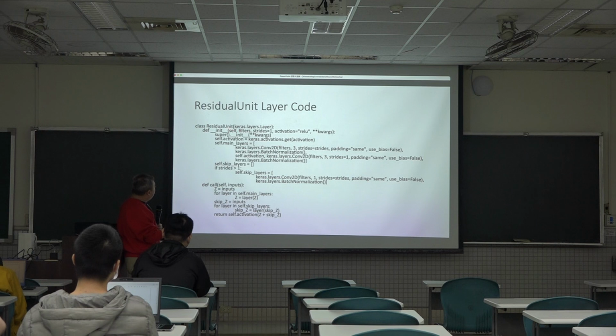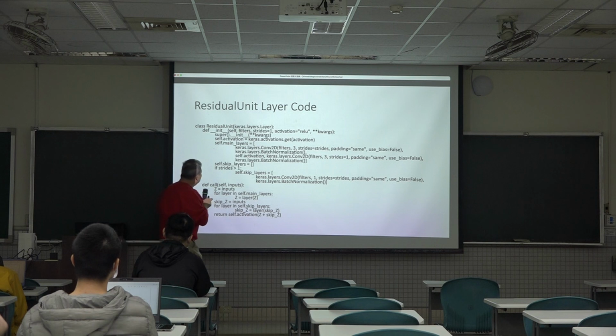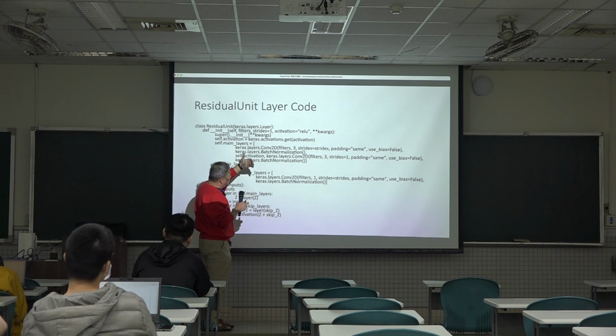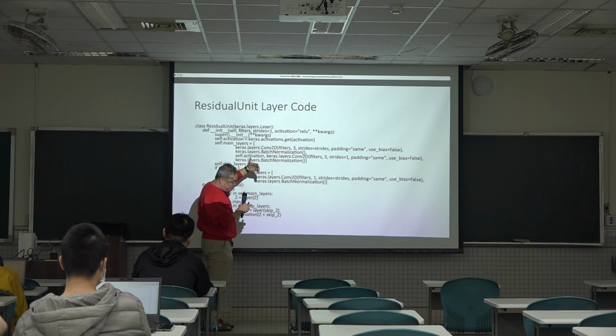If you still remember the subclassing API, basically here we define what layers we need to create. You can see that we create one convolutional layer, and remember I told you that after GoogLeNet, every convolutional layer is followed by a batch normalization, so this goes without saying.